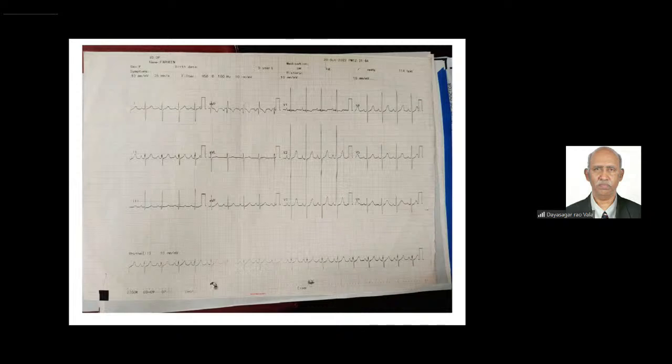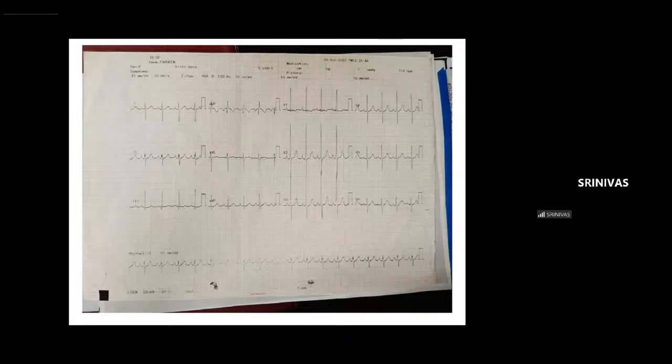Is there any anatomical basis for this clockwise and counterclockwise, or is it only a functional effect? What sir is asking is, is there any anatomical substrate or basis for that, or is it because of some electrical, physiological abnormality?